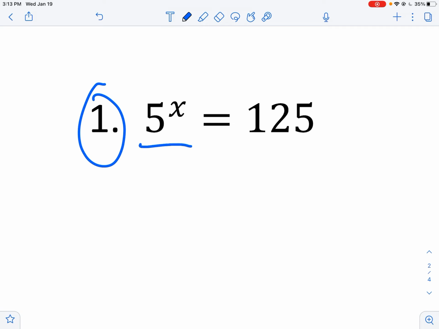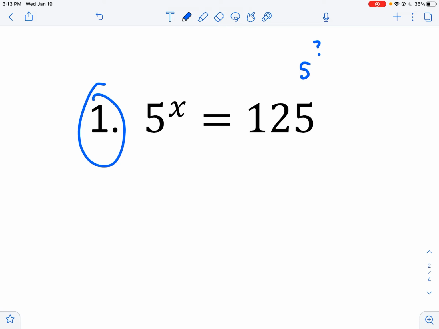Right now, our left side says 5 to the x power, right? It's ready to go. You just need to figure out what the other side is. The right side does not say 5 to something, but you can change it so it does look like that. And that's kind of where most of the work comes in on today's assignment, is trying to get one of the sides to look like the other.